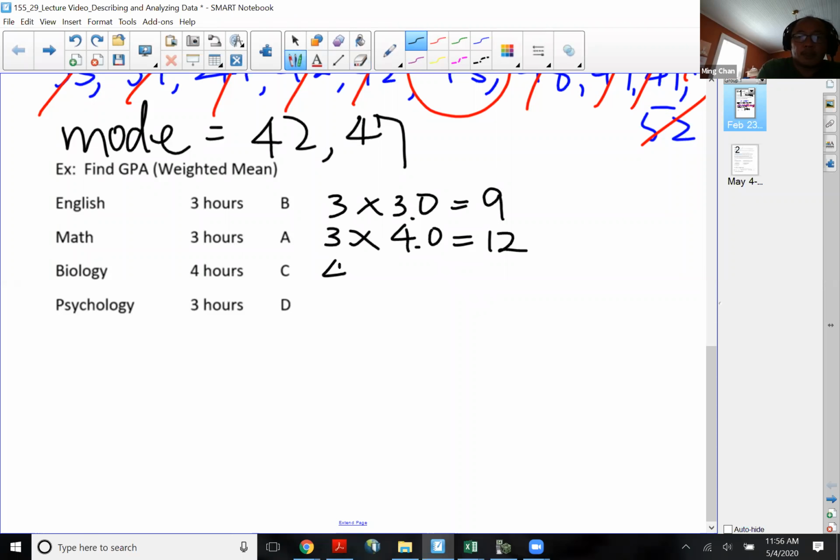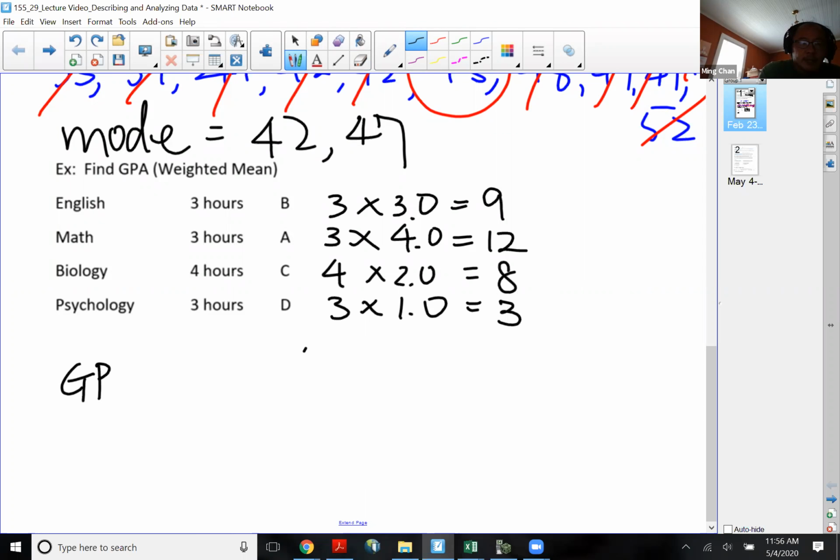A 4 credit hour biology class times each C being only 2.0, you only make 8 points. We made a D. D is actually 1.0. So your total points from that class is only 3 points.